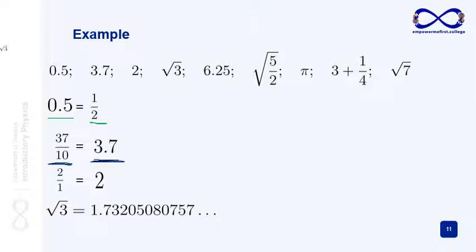Then we have 2, which can be written as 2 over 1. We know that all whole numbers are over 1. So the big question is, is this rational or irrational? Then of course the last question I would want to look into is root 3.